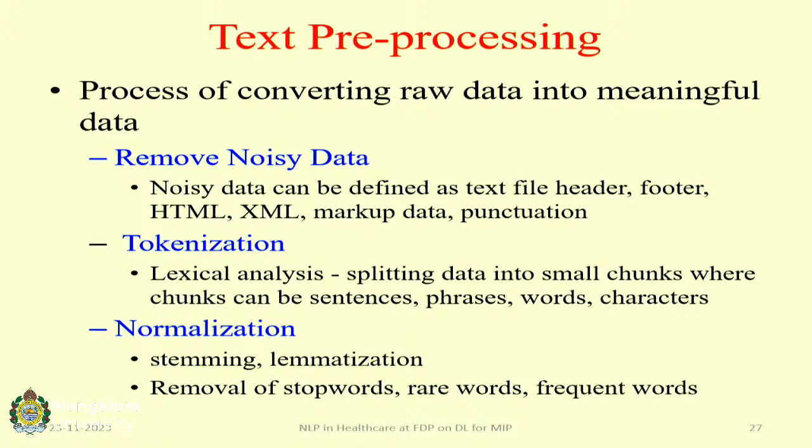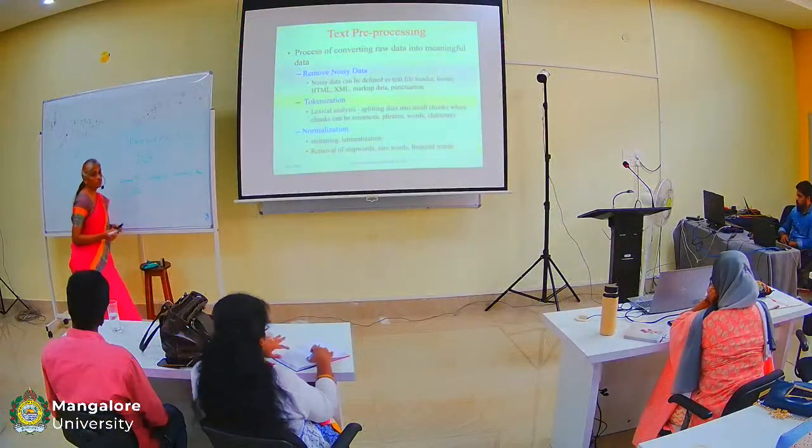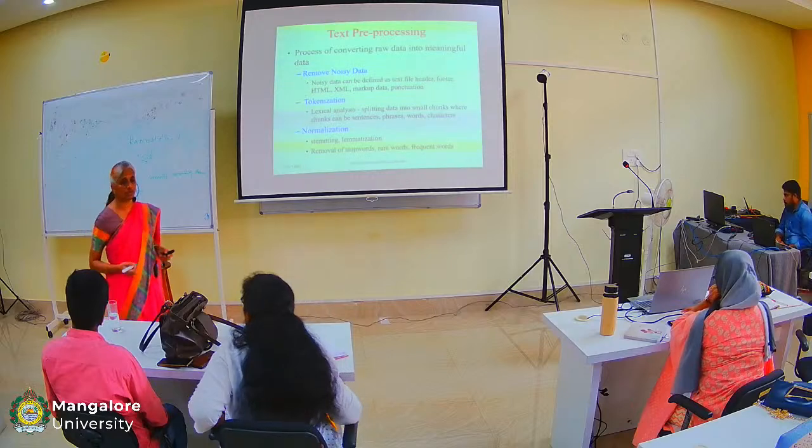Word bigrams will be like this: Process of, converting, raw data, like this. For trigrams, this will be the trigrams: Process of converting. The same thing you can apply for characters.